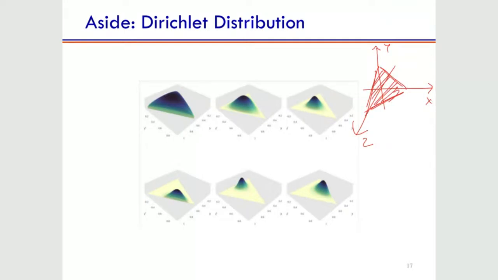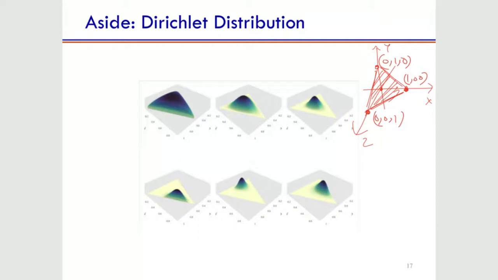One corner is 1 0 0, another is 0 0 1, and another is 0 1 0. So there are three points, a segment of a plane, and that's a simplex in three dimensions.